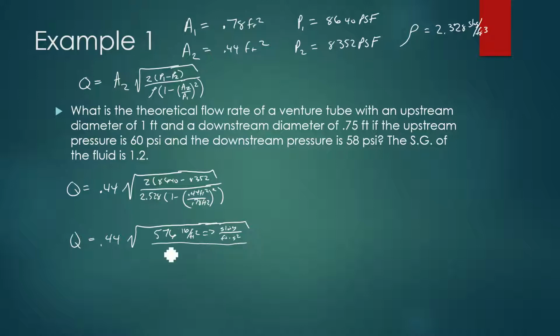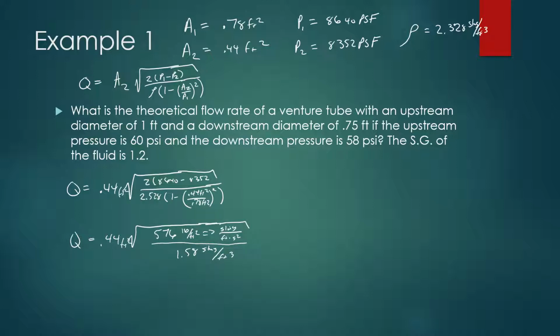And then that's divided by 1.58 slug per foot cubed. So if we look at what our final units are going to be inside of here, it's actually just going to be equal to a foot squared per second squared, which makes sense because this right here is feet squared.